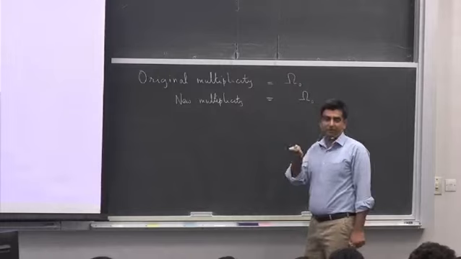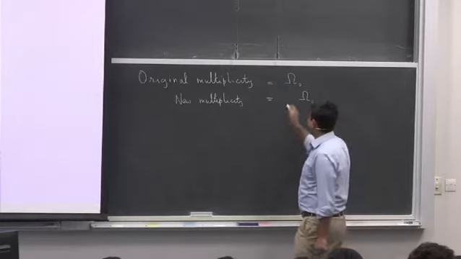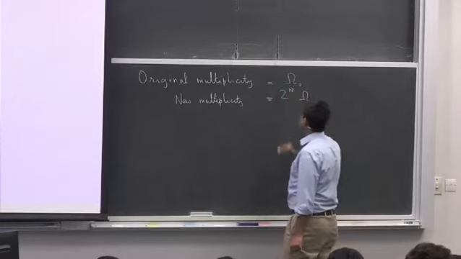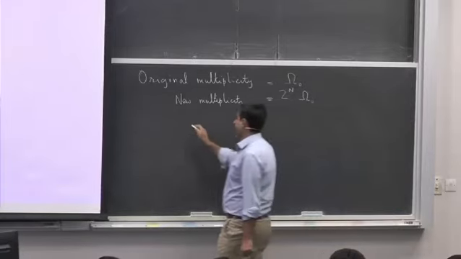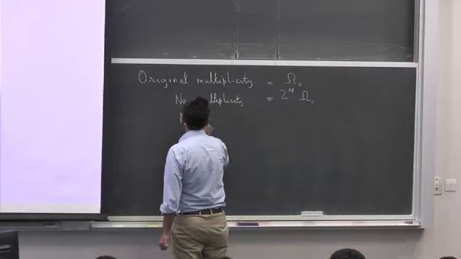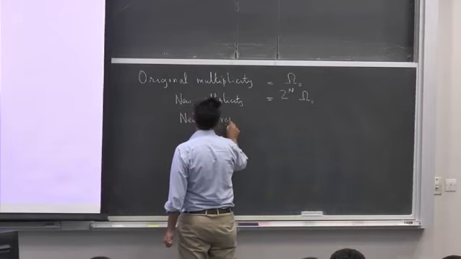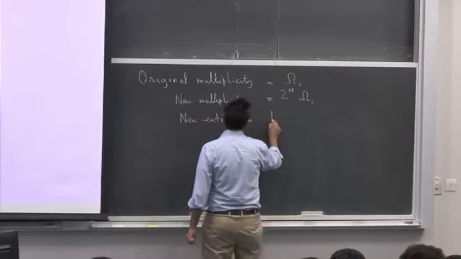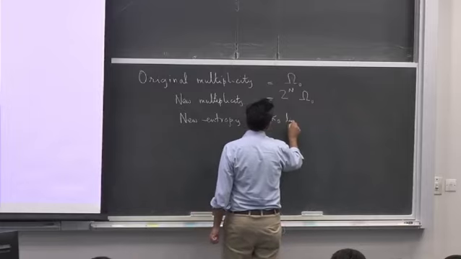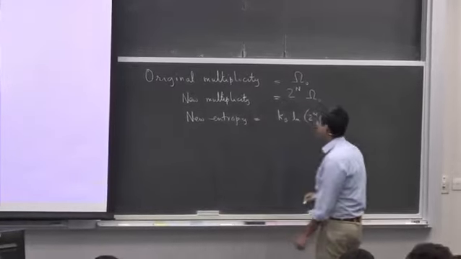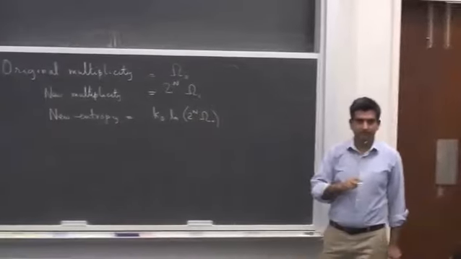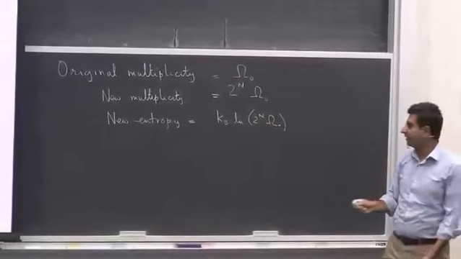If I have n molecules, it's 2 raised to the power n. So as I pull off the wall, my new entropy is Kb natural log of 2^n omega naught. So my entropy has gone up.